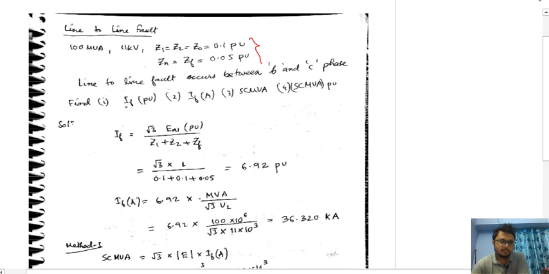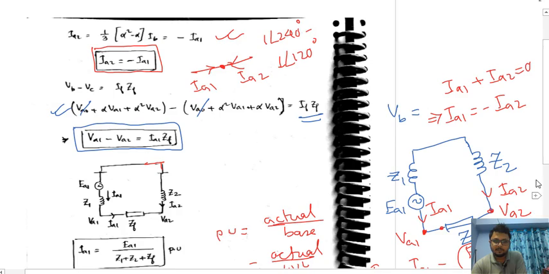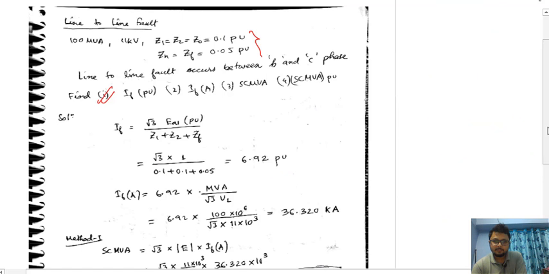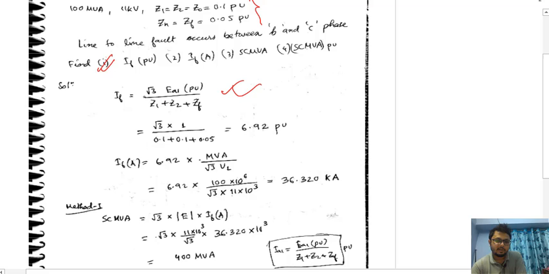Now we know what is being asked: find IF, fault current in per unit. So we know IF equals root 3 times EA1 by Z1 plus Z2 plus ZF. Just now we have derived this one, and that only we have used here.